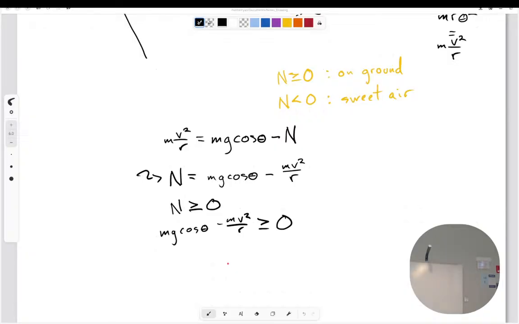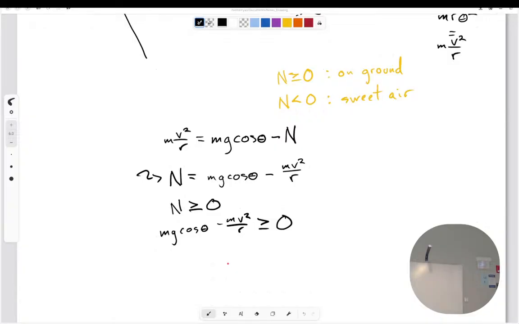I would think this is mg, and then if I were to use theta here, cosine would be this over that, but multiplying that by that would give you cotangent, mathematically. It'd be uglier though, much uglier to solve.